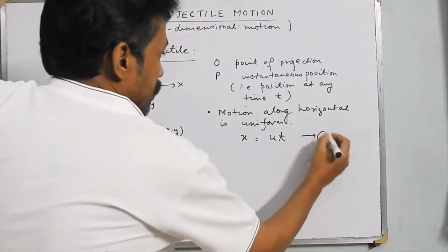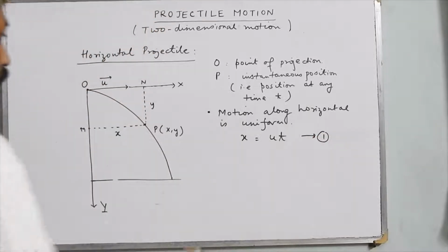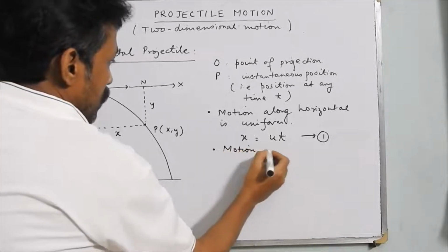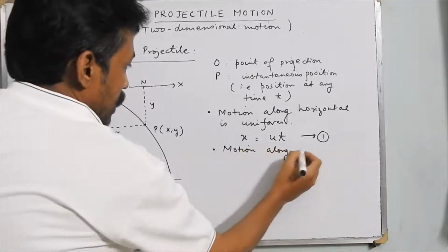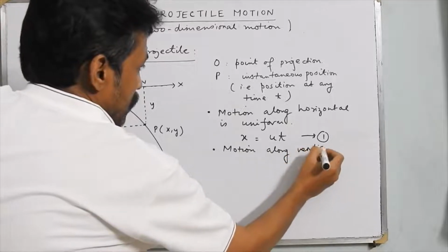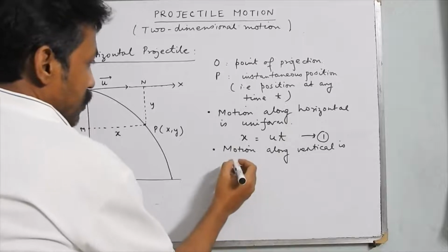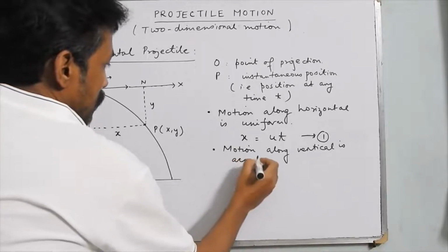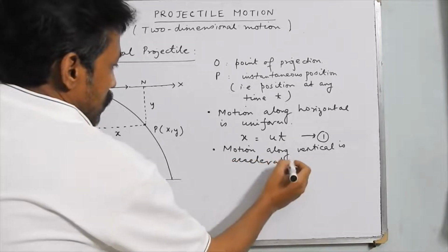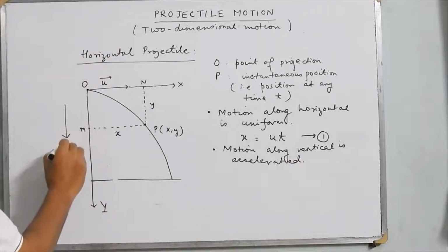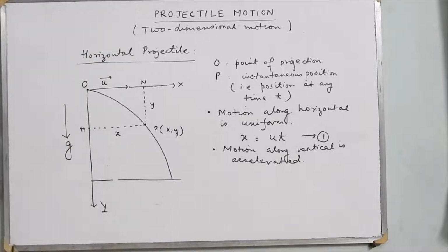And motion along the vertical is controlled by gravity, so it is accelerated motion, and the acceleration is obviously the acceleration due to gravity g, acting vertically downwards.